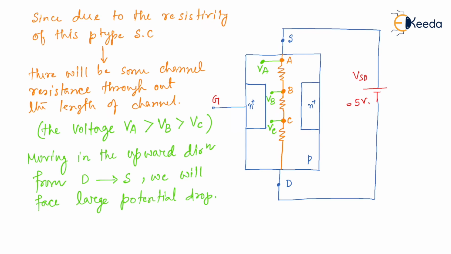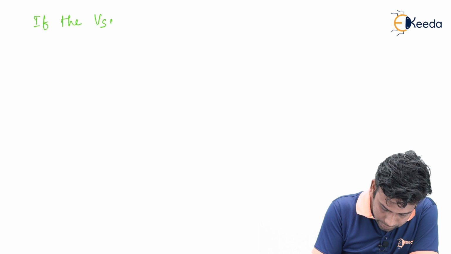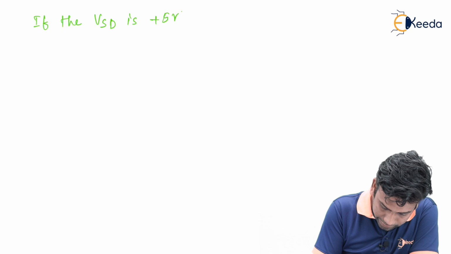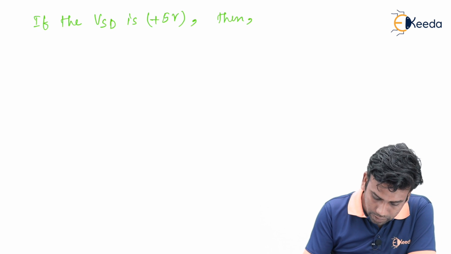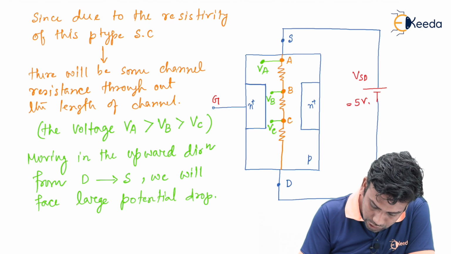Now using this conclusion, if VSD is positive 5 volt, then if I look at the previous diagram, there are two junctions.